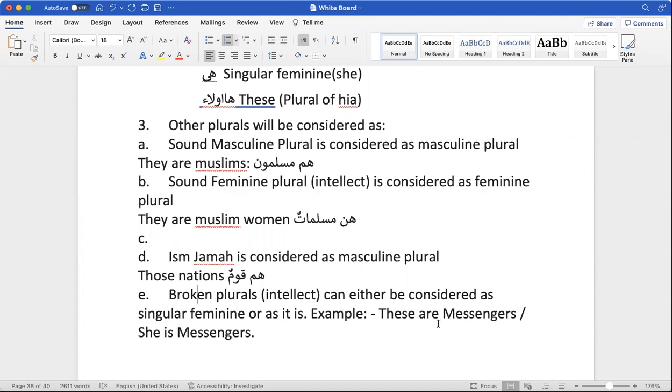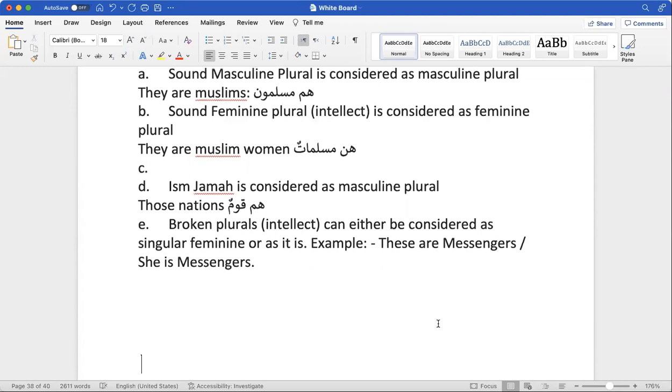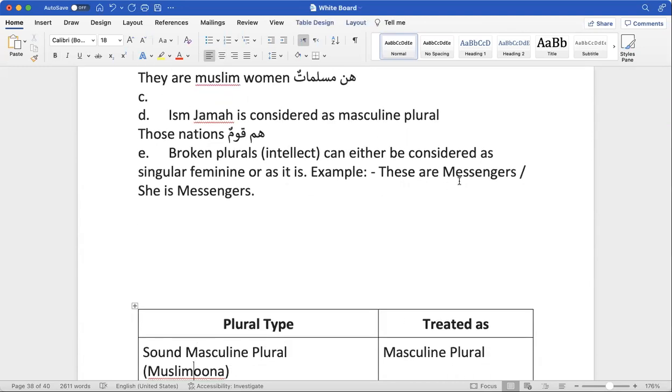Okay, I can write here ulaika anbiya. It also means these are messengers, right? Or I can write tilka anbiya. That's also correct. That's why if you go back to tilka rusulu in Arabic, in Surah Baqarah, you see a word like this: tilka rusulu.